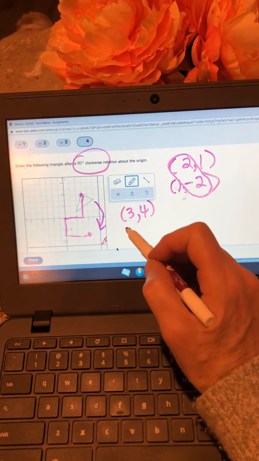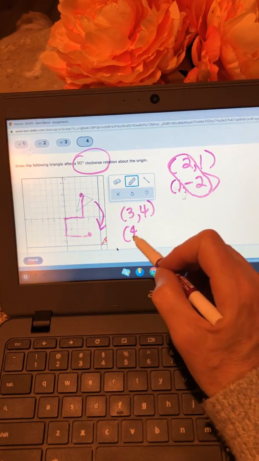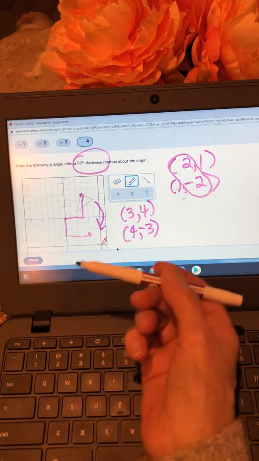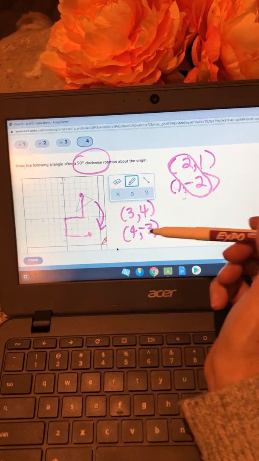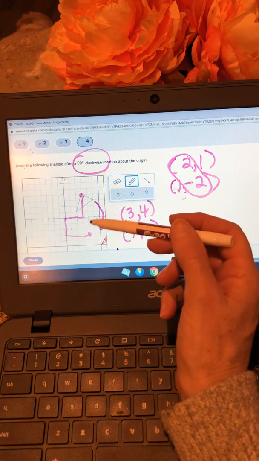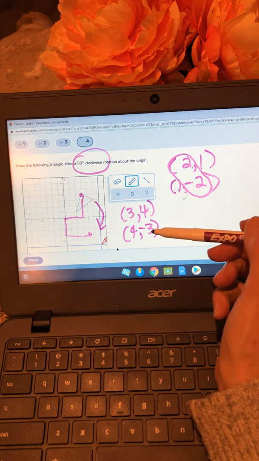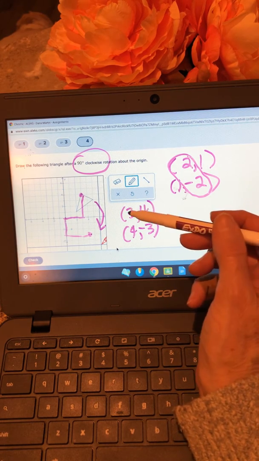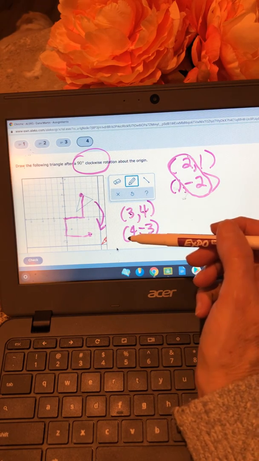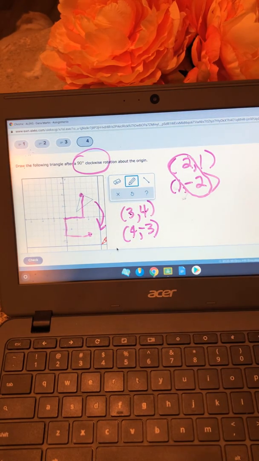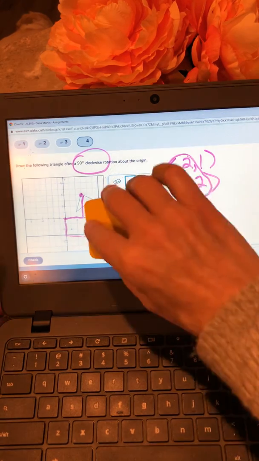And that ordered pair would be over to the right 4 and down -3, because everything is going down. My X can be positive, but my Y has to be negative. It started out as 3, 4, flip the numbers, and it becomes 4, -3. All right, so I will go ahead and put that point, and then I'm gonna erase all that.